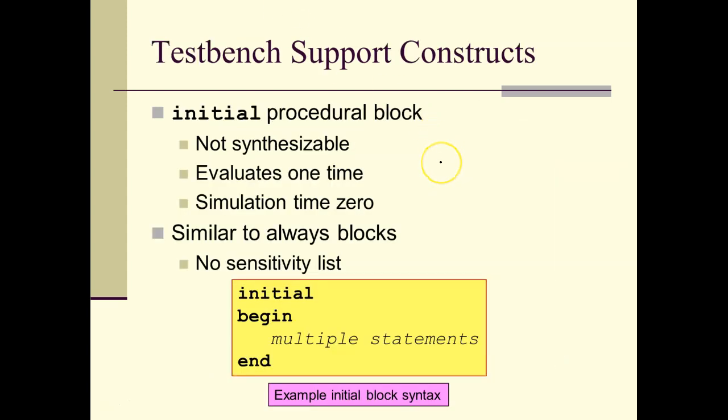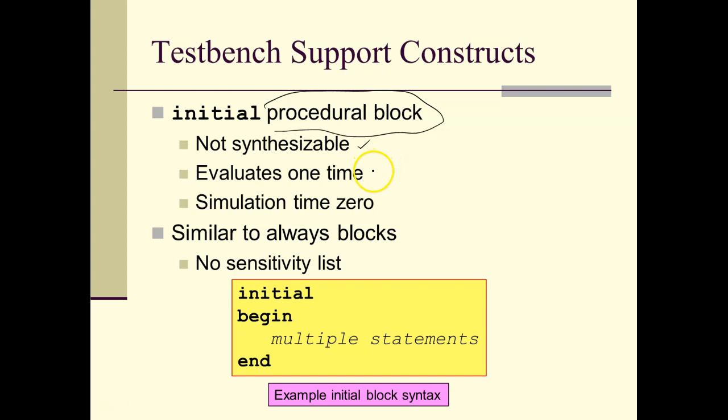So there are a couple of different constructs to support our notion of verification, and one is a new procedural block. There are two types of procedural blocks. We've worked extensively with always blocks, but now we are at the initial block. The initial block is very special because it is non-synthesizable, and what that means to you is that it's used specifically for verification.